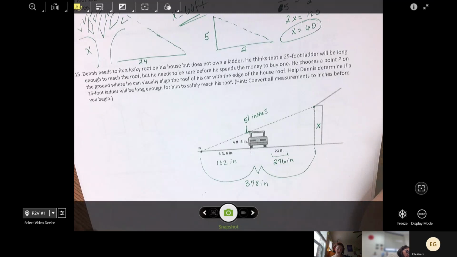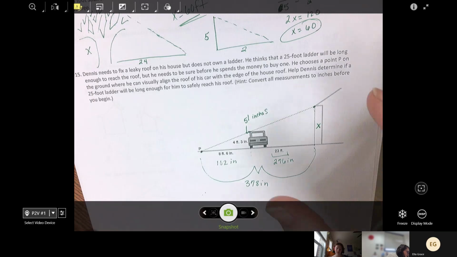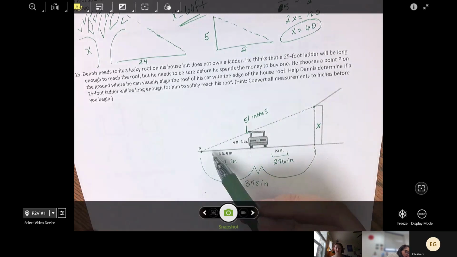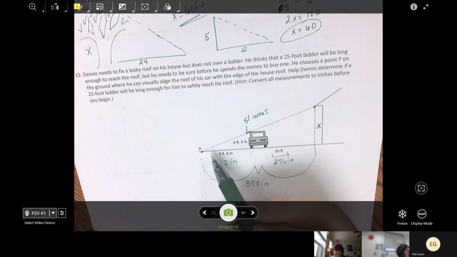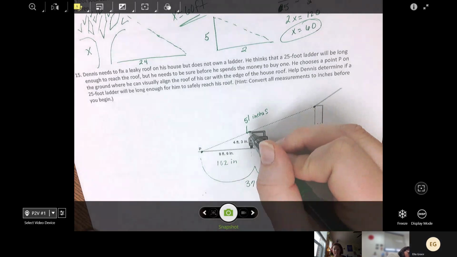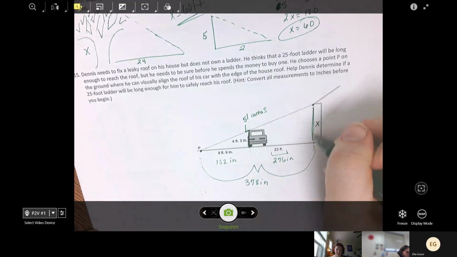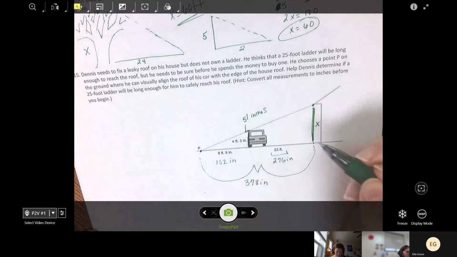Okay, so do you see that you have a big triangle and a little triangle? Okay, so in the little triangle, this is the side, and this is the side. This is the side of the little triangle. This is the side of the big triangle.